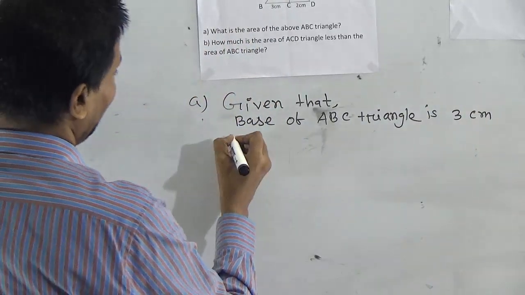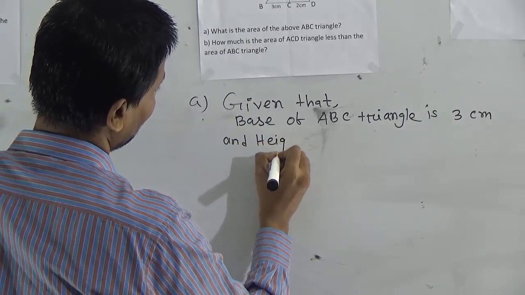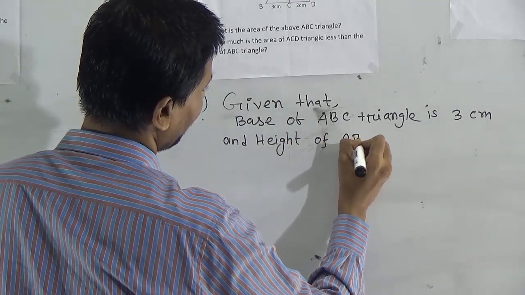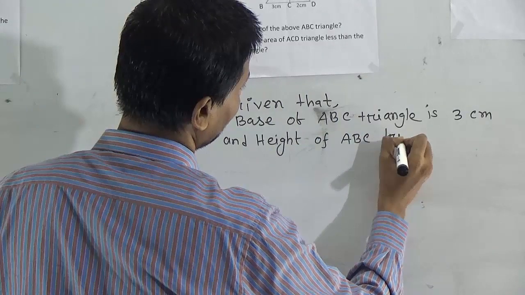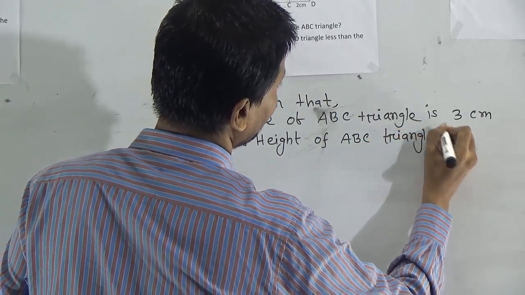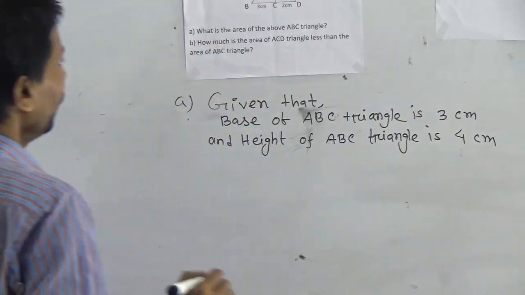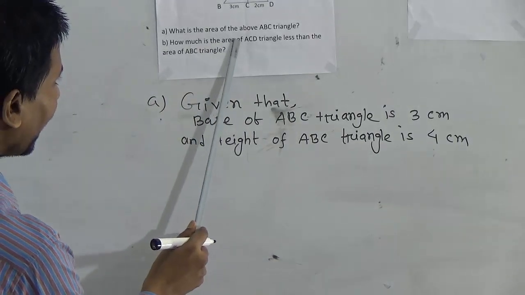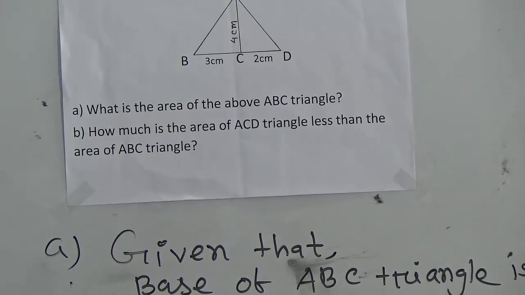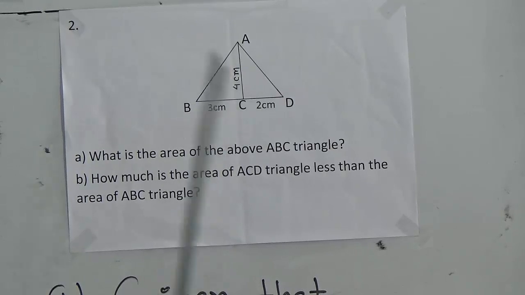Yes, and height of ABC triangle is 4 centimeter. Right. Now, a number question, what is the area of above triangle? Okay, that means what is the area of the above ABC triangle? What is the area of ABC triangle?